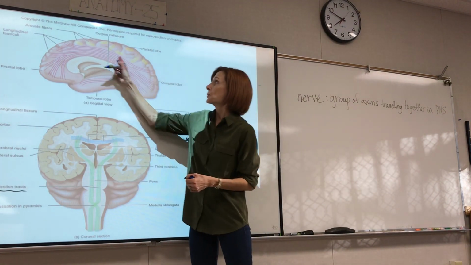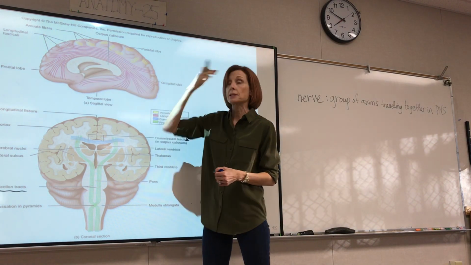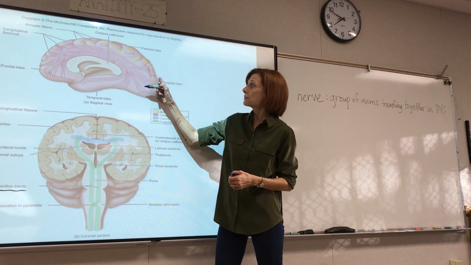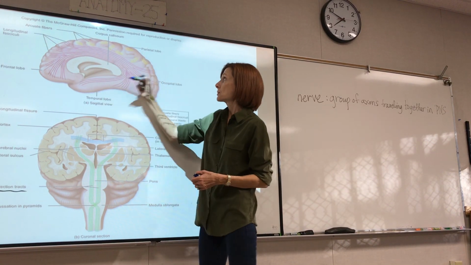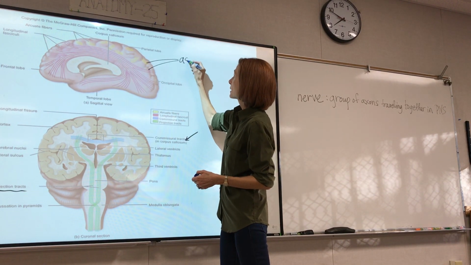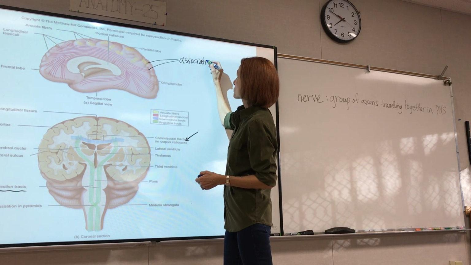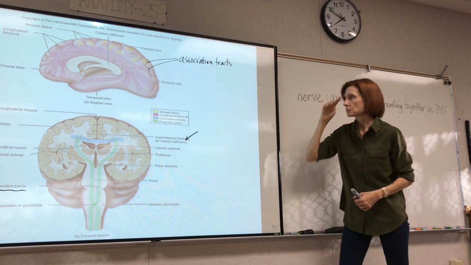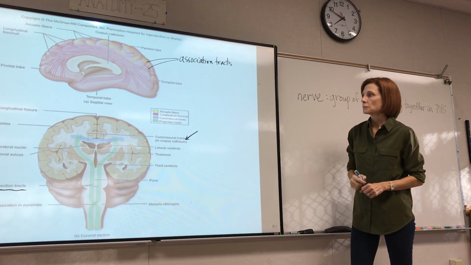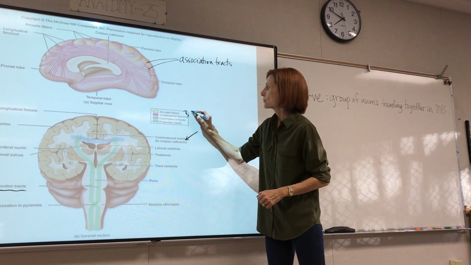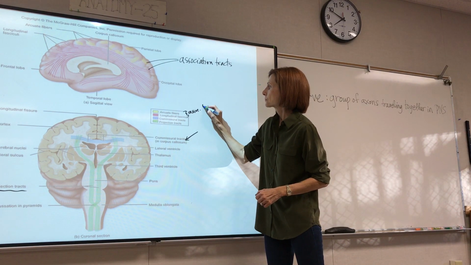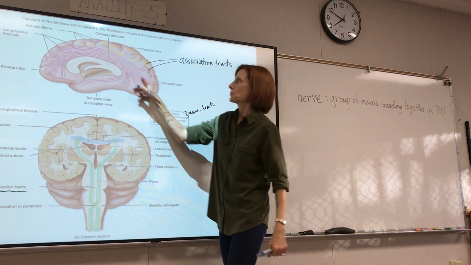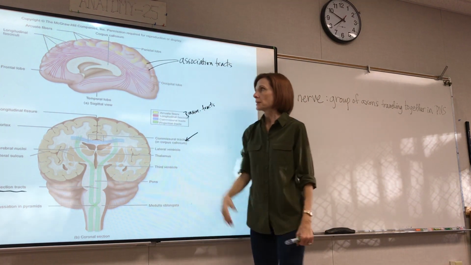And then tracks that do not cross over the midline but connect different parts of the same side are called association tracks. All of these shown here are association tracks. Okay, so this is just illustrating those different types of tracks. And again, these two are both association. Just breaking them down into the longer and the shorter, you don't have to know those terms.